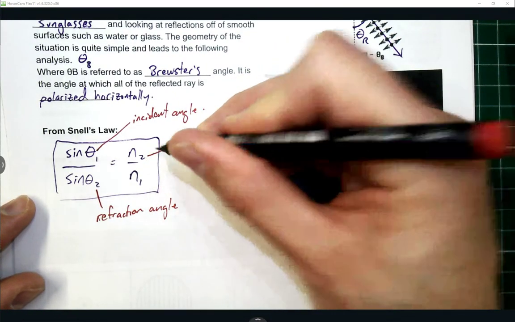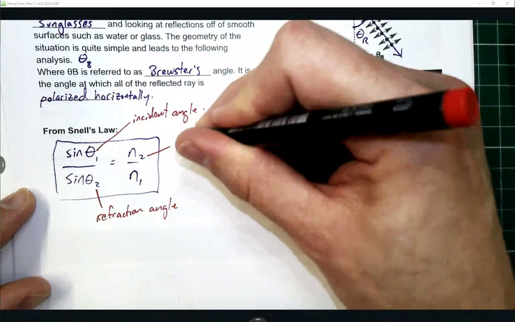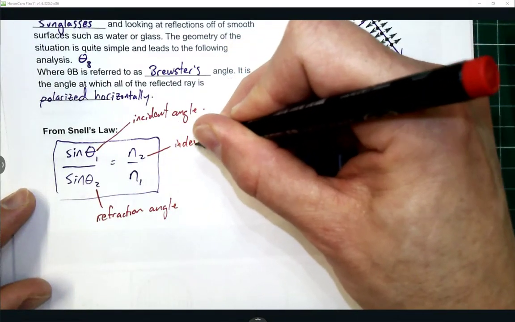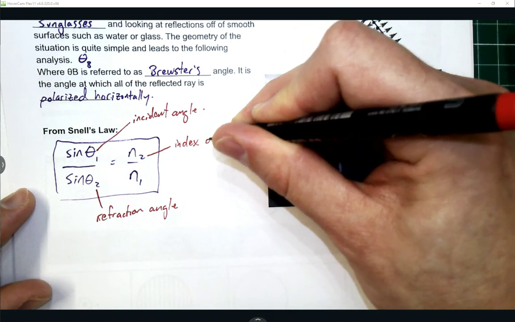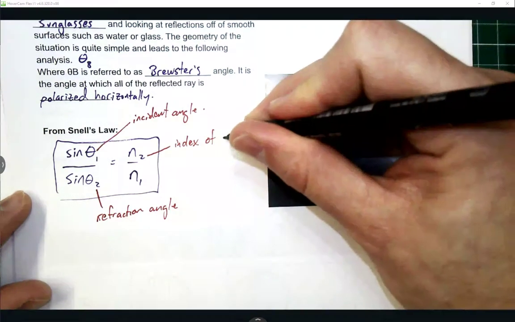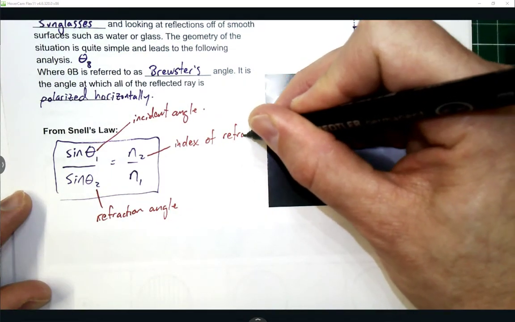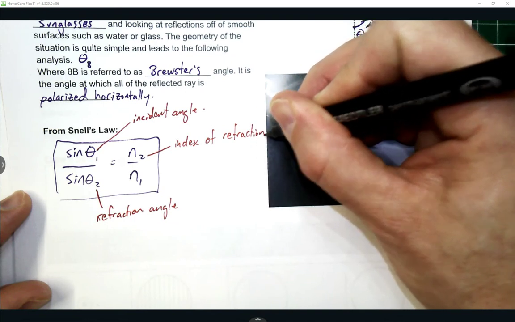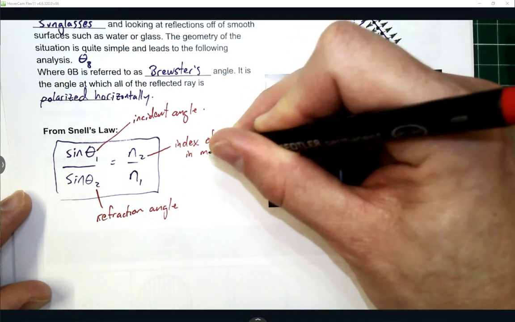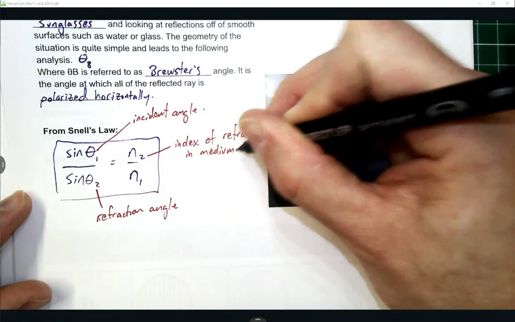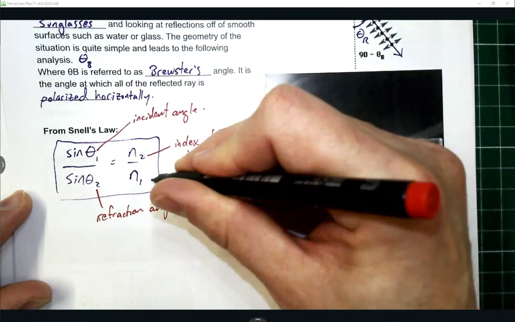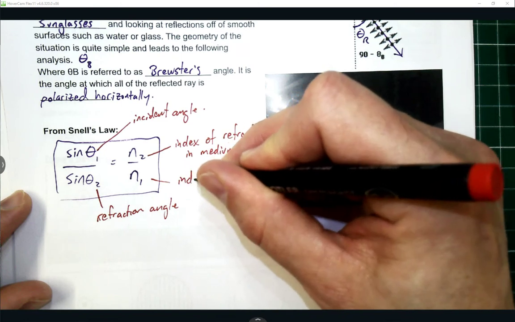N2 is the index of refraction. We talked about that previously. It describes the speed of light in medium 2. And N1 is the index of refraction in medium 1.